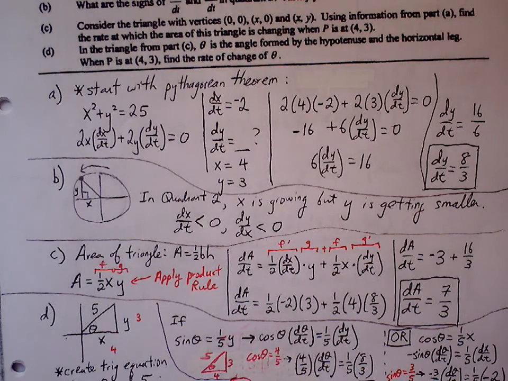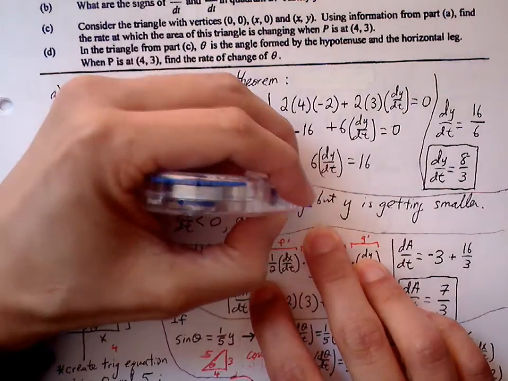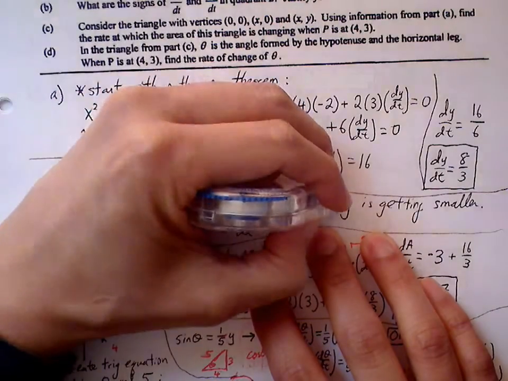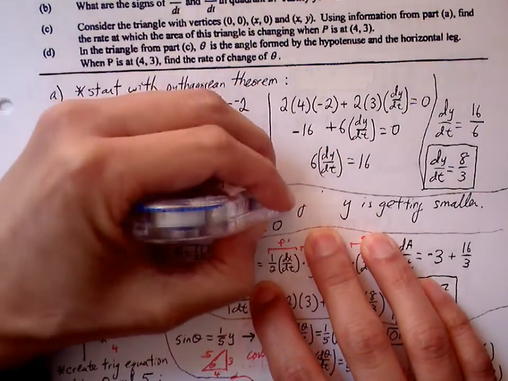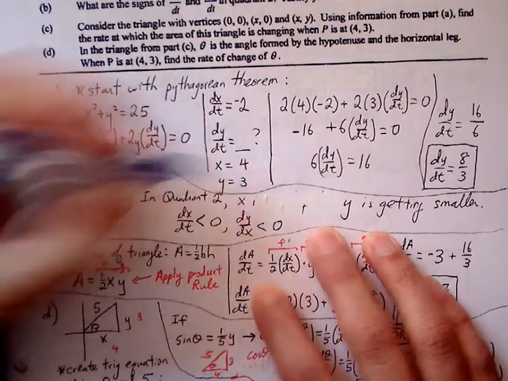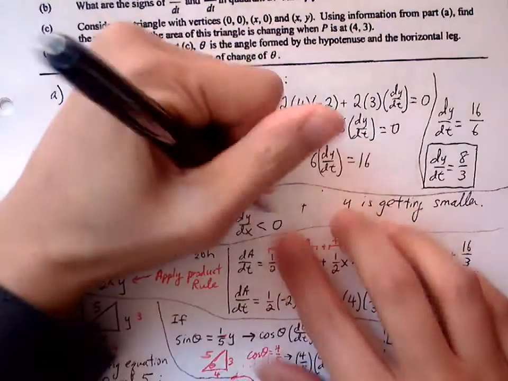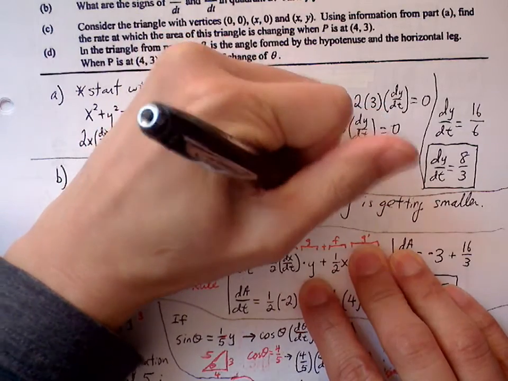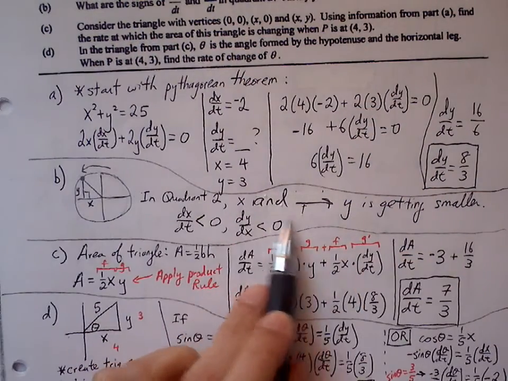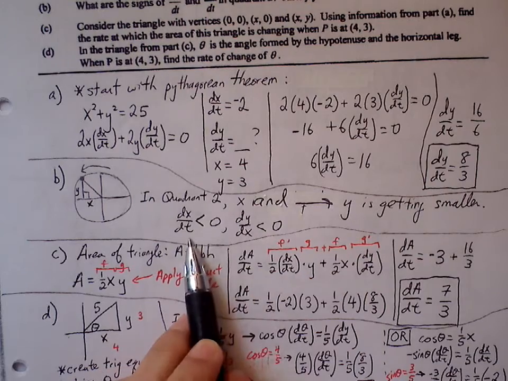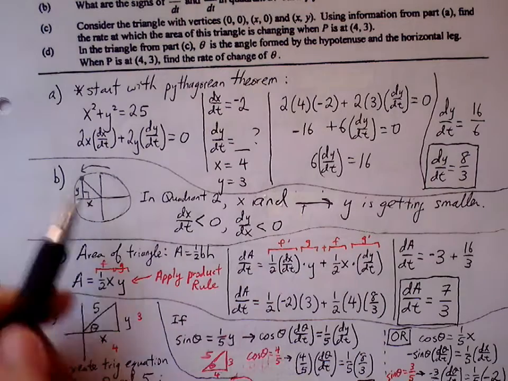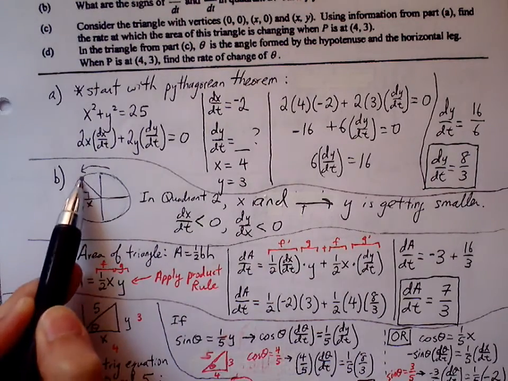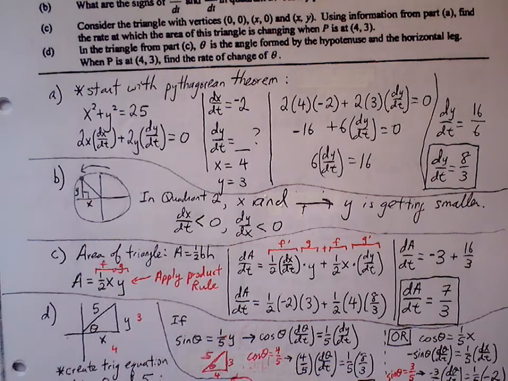So dx/dt is becoming more negative, and y is becoming less positive.